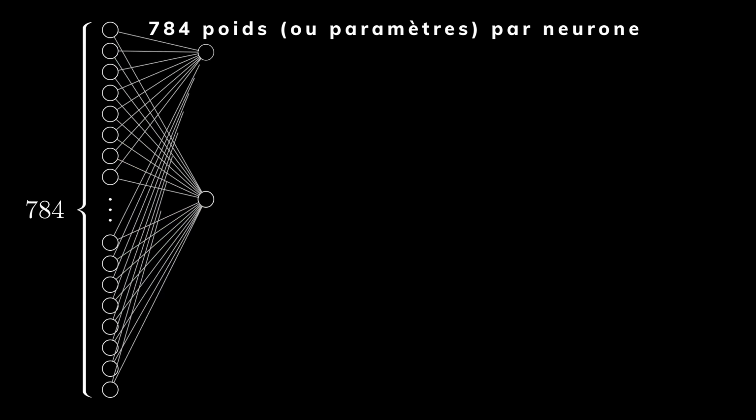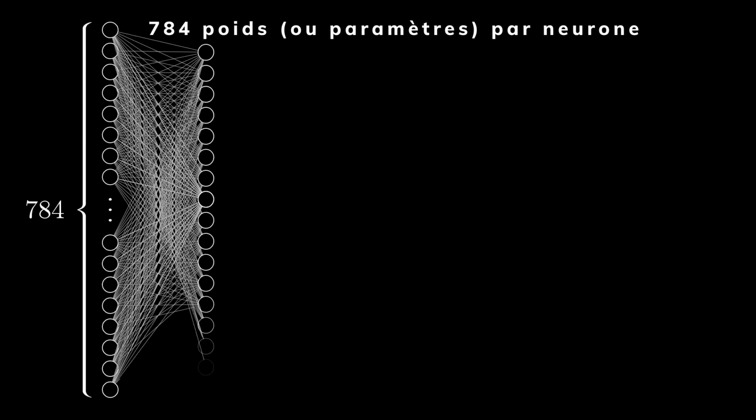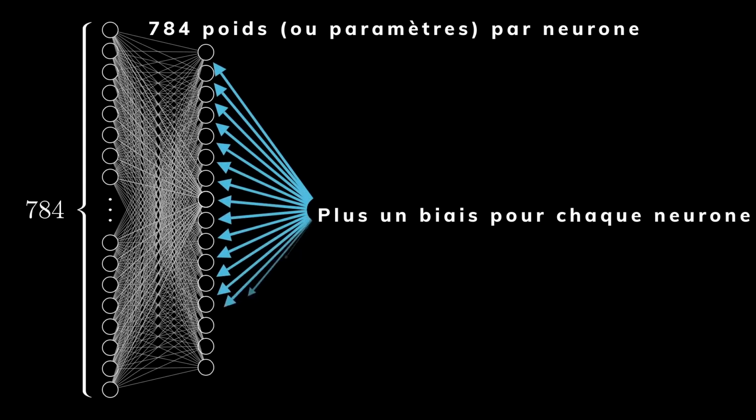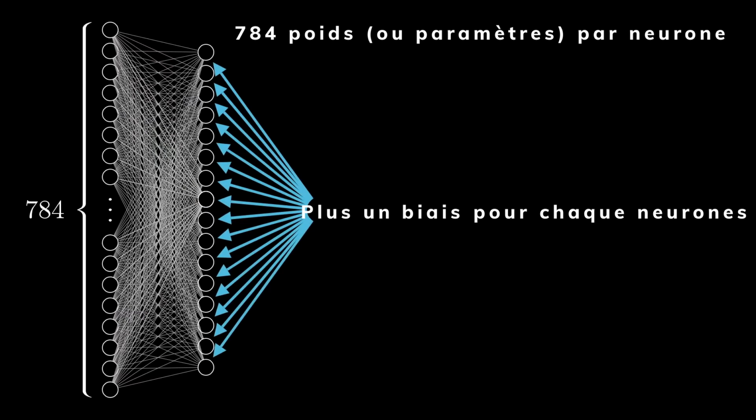And that is just one neuron. Every other neuron in this layer is going to be connected to all 784 pixel neurons from the first layer. And each one of those 784 connections has its own weight associated with it. Also, each one has some bias, some other number that you add on to the weighted sum before squishing it with the sigmoid. And that's a lot to think about.